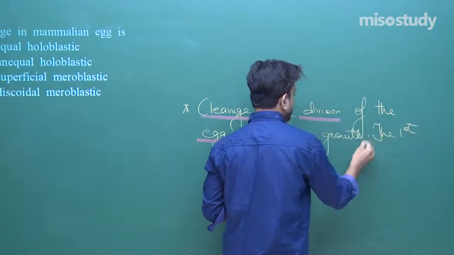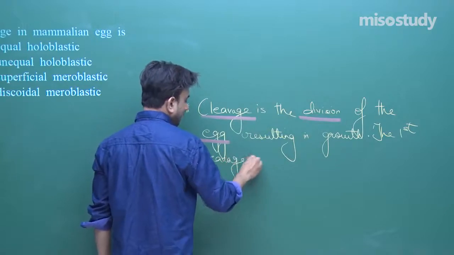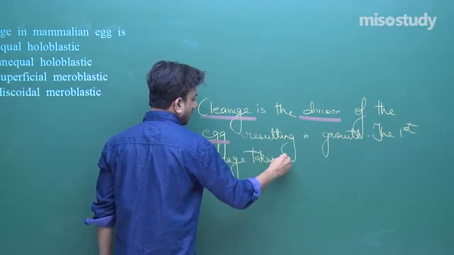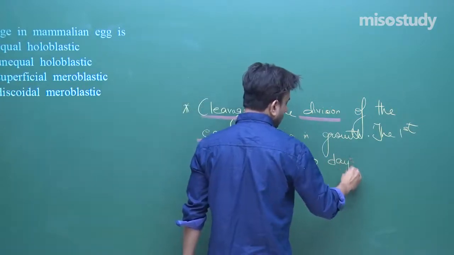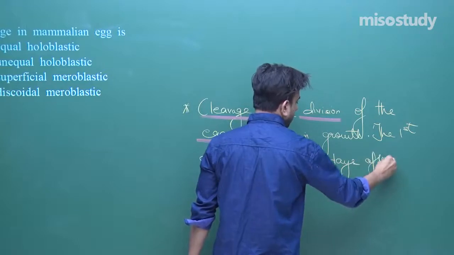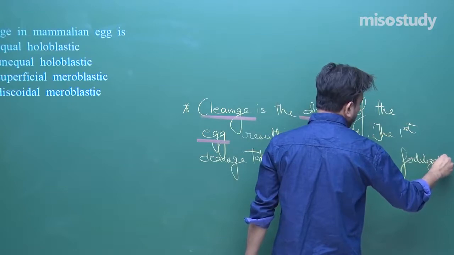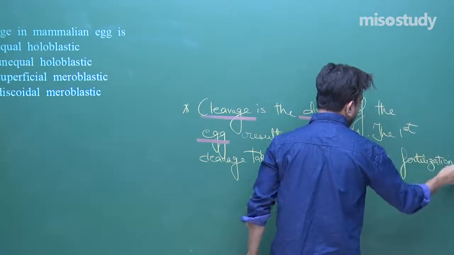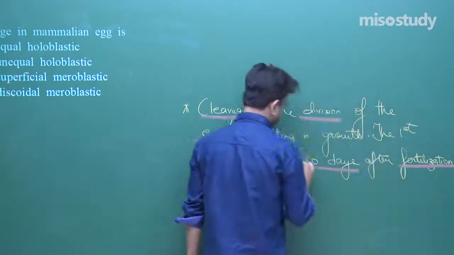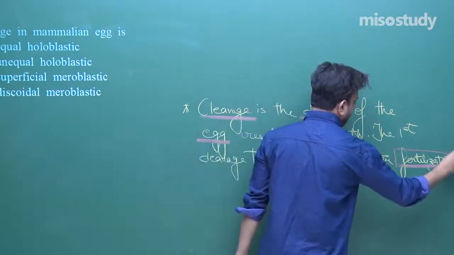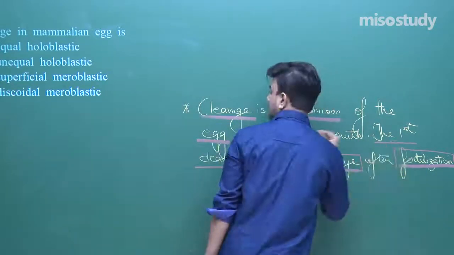The first cleavage takes place 30 days after fertilization.